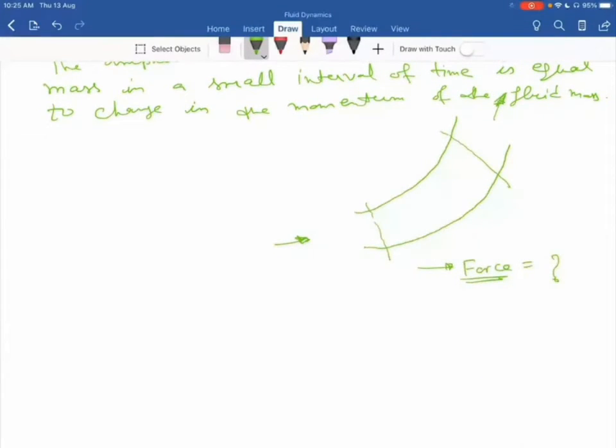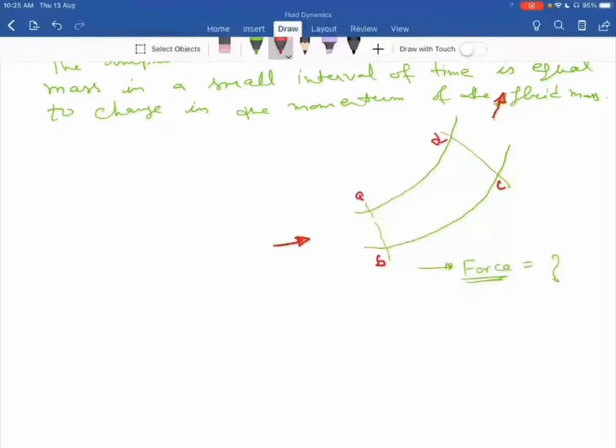Now say we have this pipe. In this pipe, liquid enters from this side and leaves from this side. Okay, so this section is AB and this is CD. At the entrance, the normal velocity is V1 and makes angle theta 1 with the horizontal. Similarly here, the velocity V2 makes angle theta 2 with the horizontal.